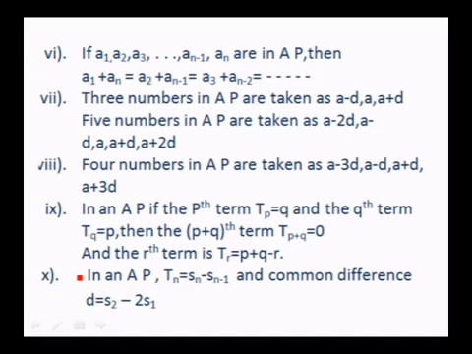In an AP, if you take the difference of the sum of the n terms with the sum of the n minus 1 terms, that is Sn minus Sn minus 1, it is nothing but the nth term Tn. So Tn is Sn minus Sn minus 1, and the common difference d can also be obtained by taking the sum of the first 2 terms minus twice the first term, that is S2 minus 2S1.